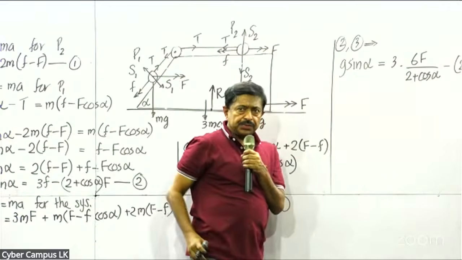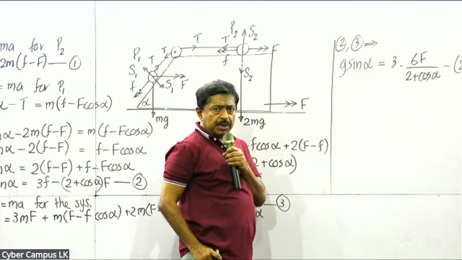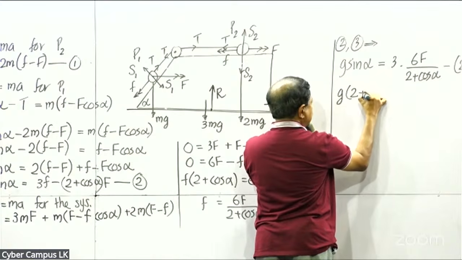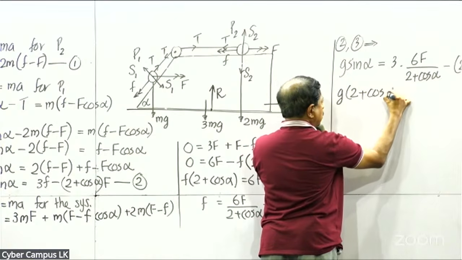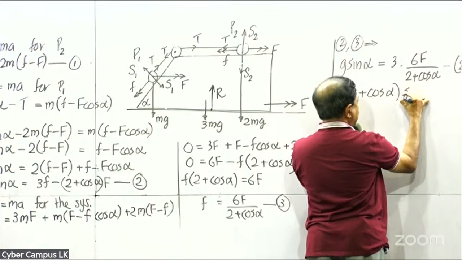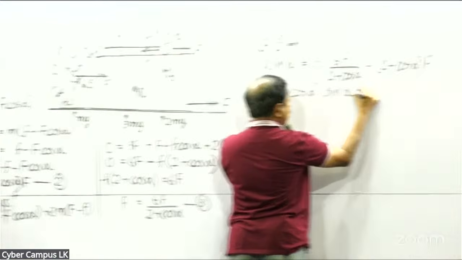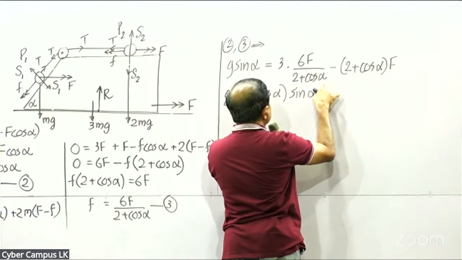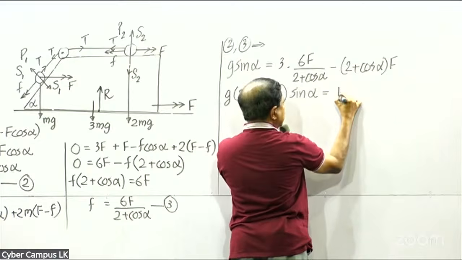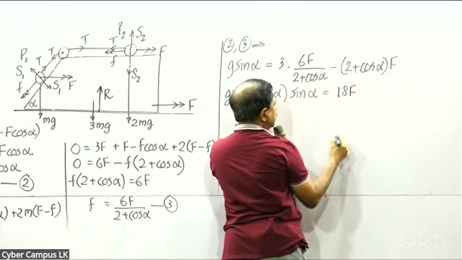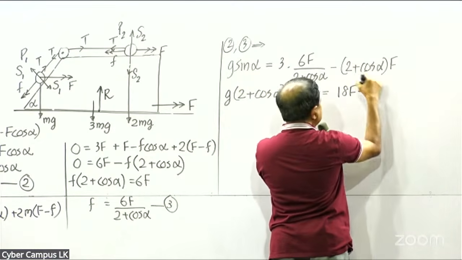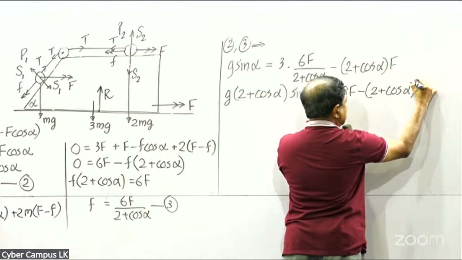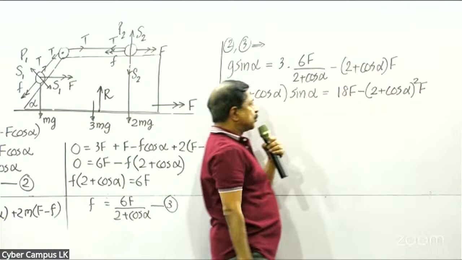Now what you can do is multiply everything by 2 plus cos alpha. Here, when you multiply this by 2 plus cos alpha, it will go away. It leaves you with 18f minus, when you multiply it by 2 plus cos alpha, that's what you get.